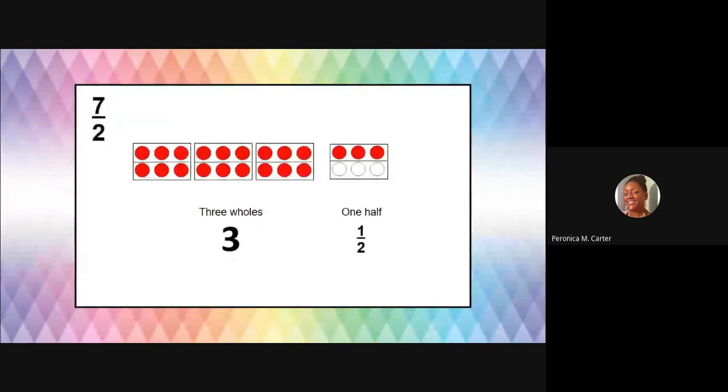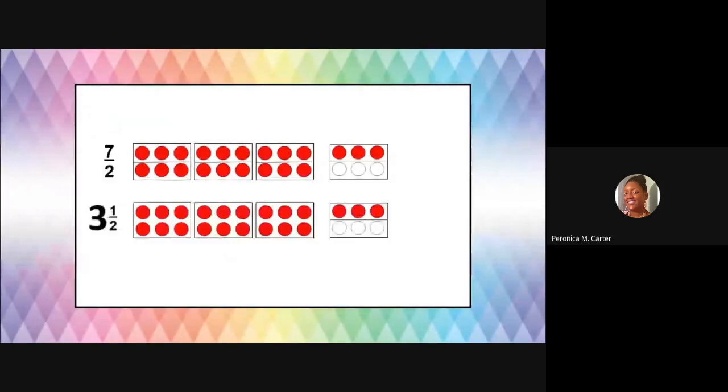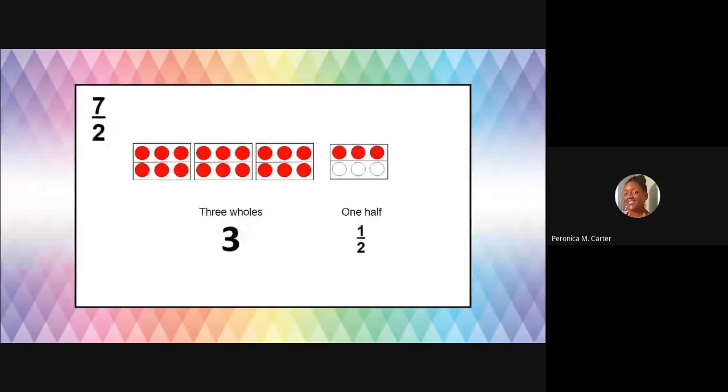All right, so let's look at it as an improper fraction. In this case, your wholes have been partitioned into halves. So you have 2 halves to make up a whole right there. So you have 2 halves, 2 more halves, that's 4 halves, 2 more halves, that's 6 halves, and then an additional half, and that's 7 halves.